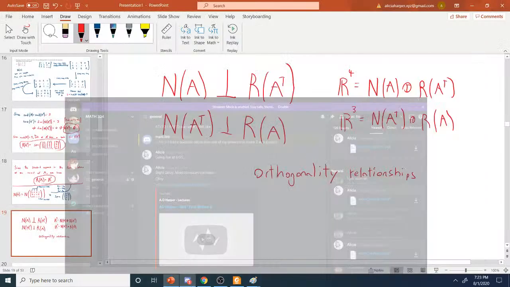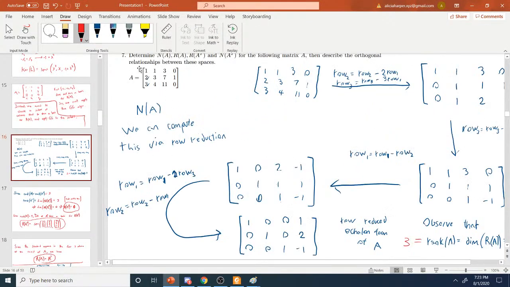All right, so that completes the computation and proof for problem 7.